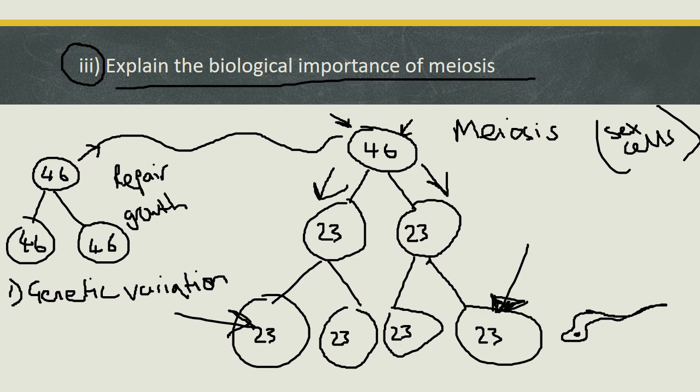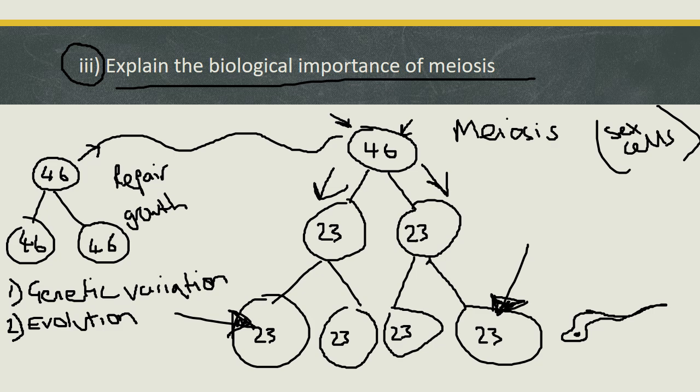genetic makeup. The other reason, which links from genetic variation, is that we are able to evolve, or evolution.